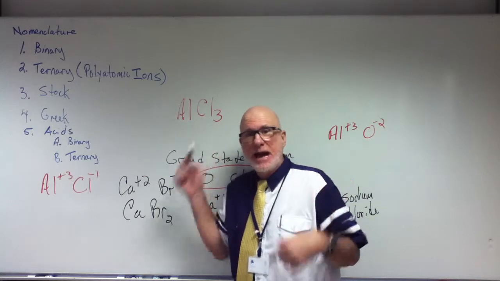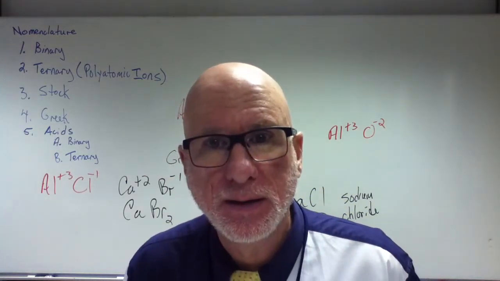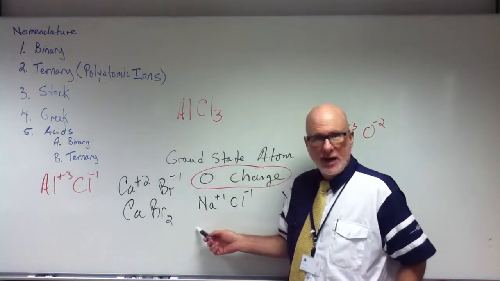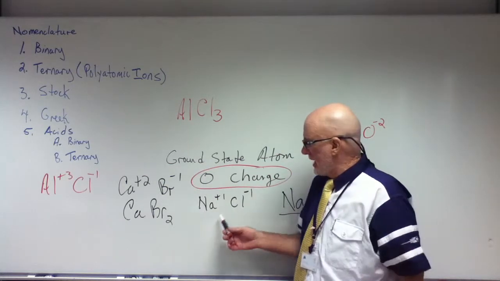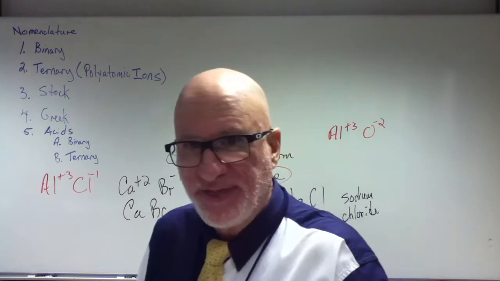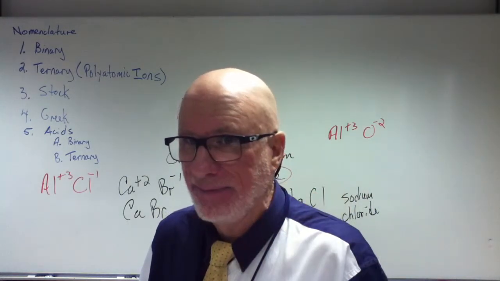Make sense? Now, how would you name that, Bisma? You say the name of the cation, right? Aluminum, right? And then you say the name of the anion with the suffix IDE.